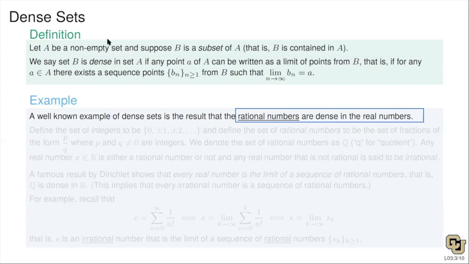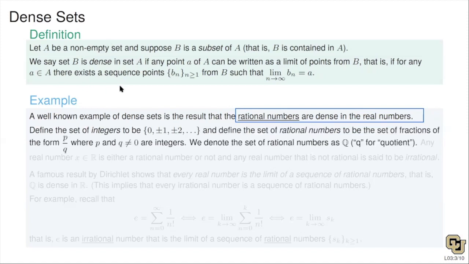But let me build up. If we start with the set of integers, which is 0, plus or minus 1, plus or minus 2, we can define the rational numbers to essentially be the set of fractions of integers. The important thing is the rational numbers are fractions of the form p over q, where p and q are integers. So pi over 2 is not a rational number because pi is not an integer.